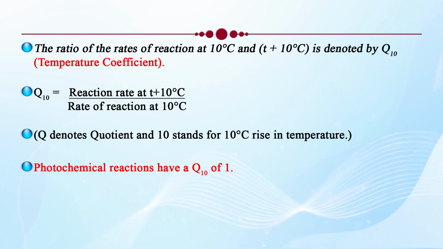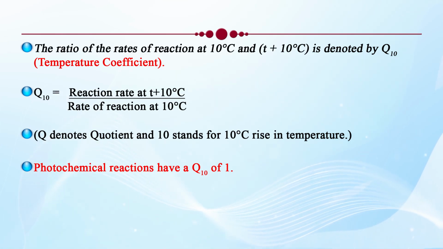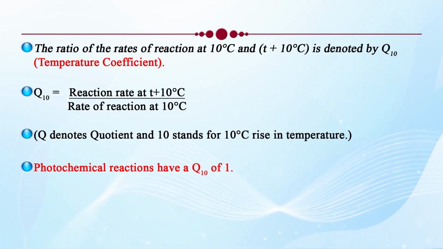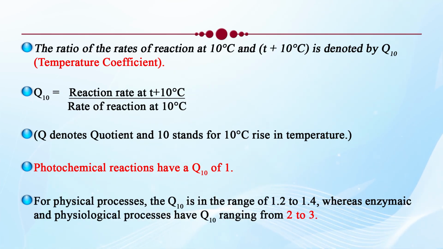What we mean is, if we increase the temperature of a reaction by 10 degrees, what is the effect on this process? We find that for physical processes, the Q10 would be more than 1, say 1.2, 1.4.